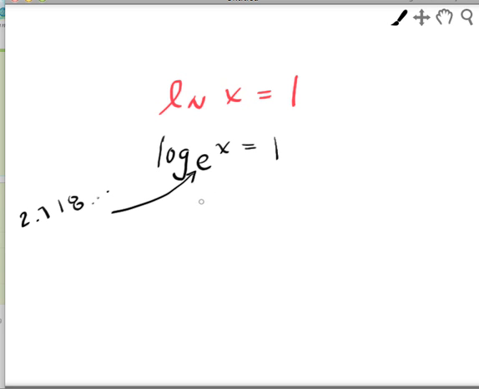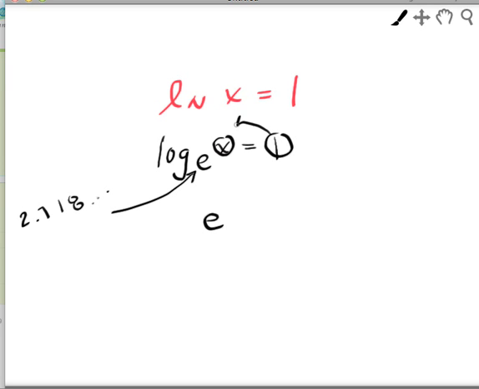A rich mathematical history. However, having rewritten this problem like this, I can now translate it into exponential notation. And if you read some of my stuff online, you know that I have a technique for that. I ask you to realize that the base doesn't change positions. The base of the logarithm is going to be the base for the exponents. What changes here are the locations of these two other numbers.